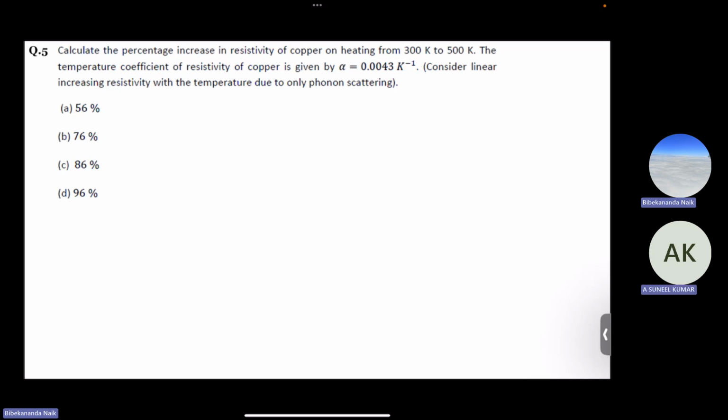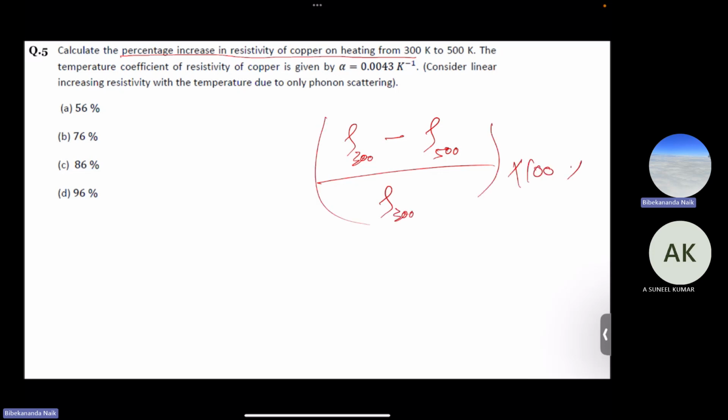So now we need to calculate the percentage increase in resistivity of copper, that is the resistivity of copper at 500 minus the resistivity at 300, divided by the resistivity at 300, into 100. Since resistivity is increasing, it will be rho 500 minus rho 300 divided by rho 300. So calculate and tell me what will be the percentage increase.